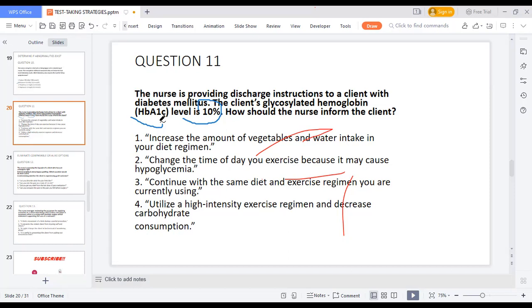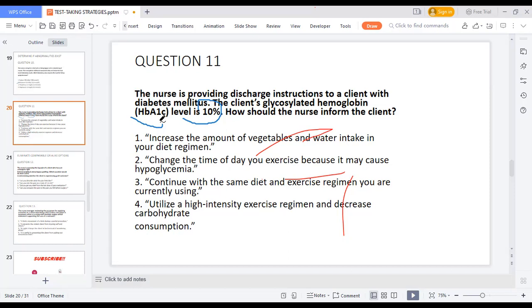Now, the HbA1c has a value determined on whether the client is a diabetic client or a non-diabetic client, okay? For non-diabetic clients, the value should be less than 4 to 5%. For diabetic clients, it should be less than 7%. Saunders says less than 6%. So you need this knowledge to be able to answer this question if abnormalities do exist.